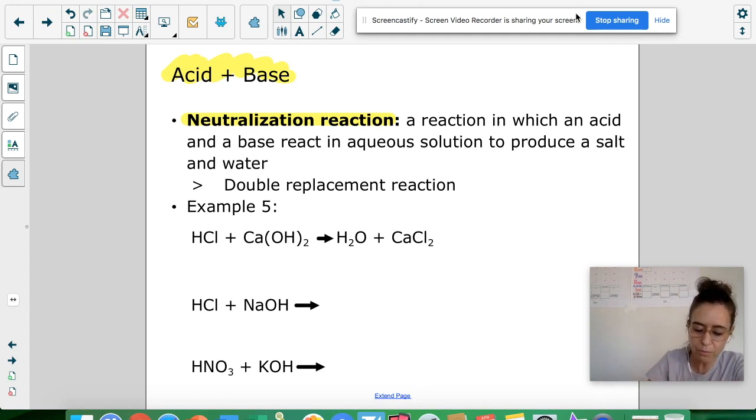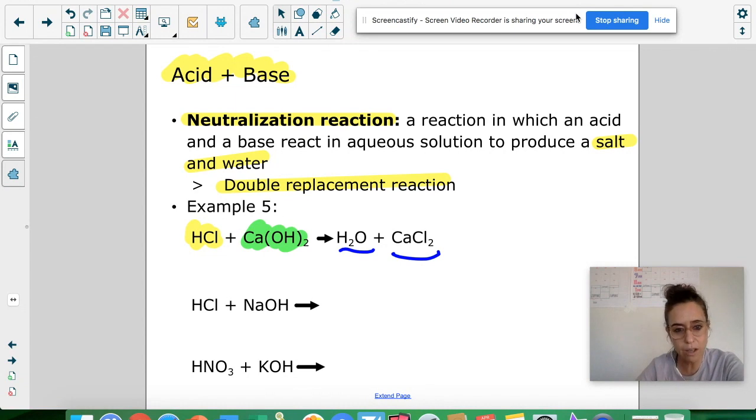It's a double replacement reaction, remember. So it always produces salt and water. The salt is the metal salt that we've been talking about all the way through here, okay? So example, acid, HCl, base, calcium hydroxide, they combine together and they form the salt plus water.